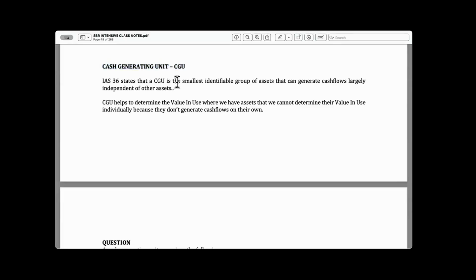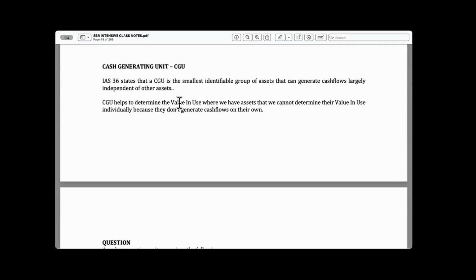IAS 36 says that a CGU is the smallest identifiable group of assets that can generate cash flows largely independent of other assets. So what a CGU helps us to do is that by the time you group these assets together, you are able to get their value in use, which ultimately helps us determine their recoverable amounts.